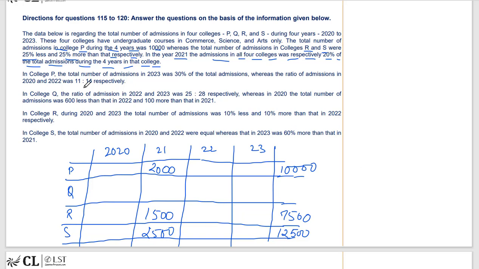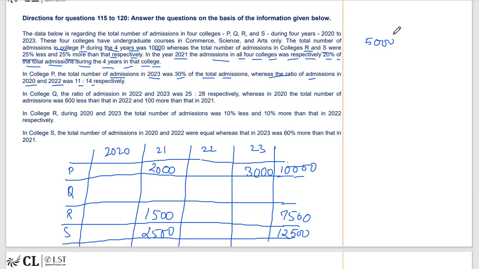Now let's look further. In college P, the total number of admissions in 2023 was 30% of the total admissions. So this data is going to be 3,000, 30% of 10,000. Whereas the ratio of admissions in 2020 and 2022 was 11 is to 14. Now, out of 10,000, we can see here the balance is 5,000.